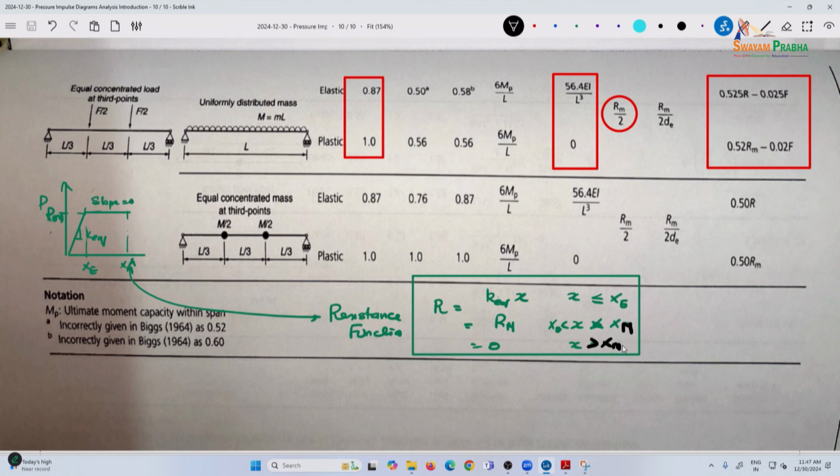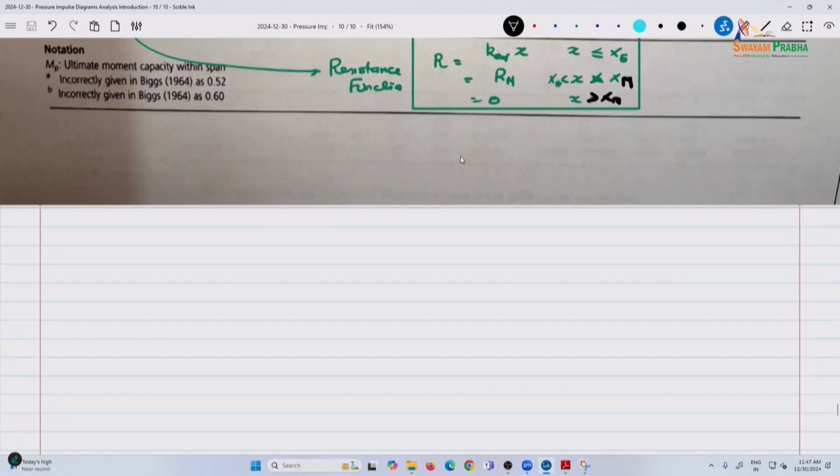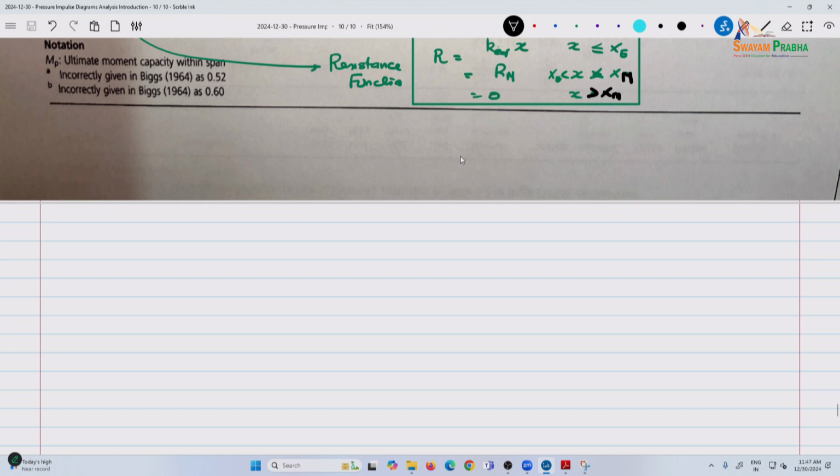Now, let us look at the representation of the resistance function.